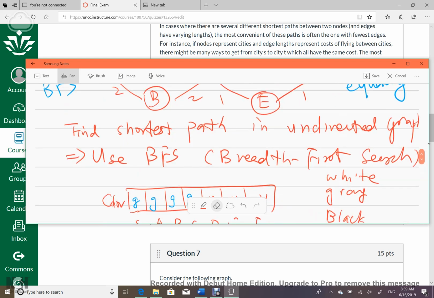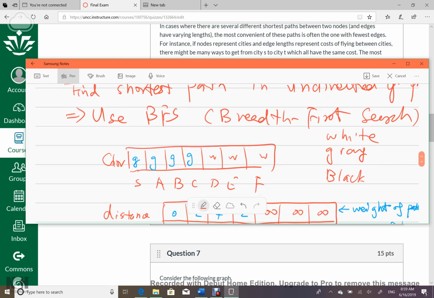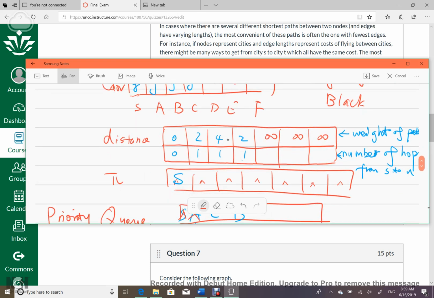From this A, you access C. In that case, the distance between S to C, this path S to C, is equal to 2 plus 2, right? And you check it against what you have, this distance for C. If the new path distance is smaller than this one, then you need to change.